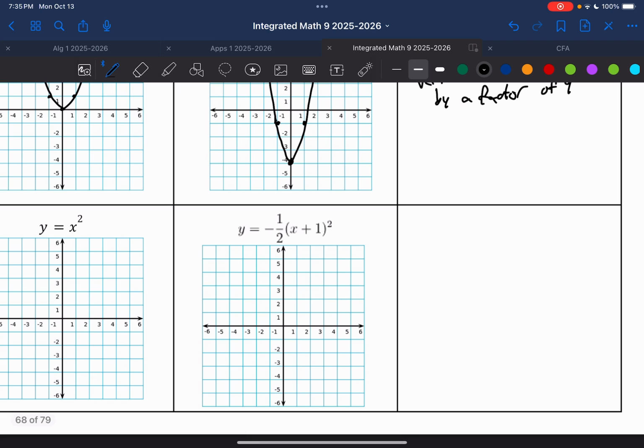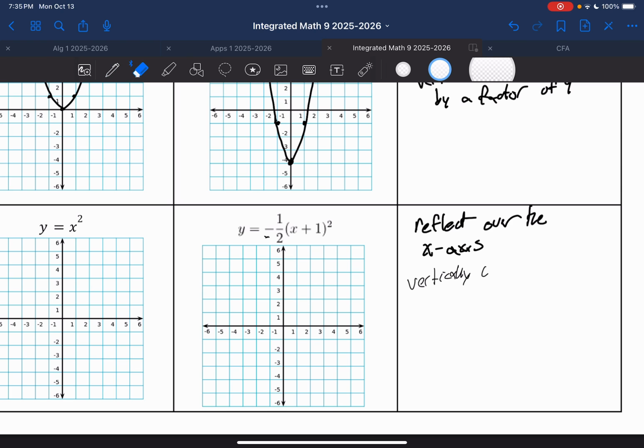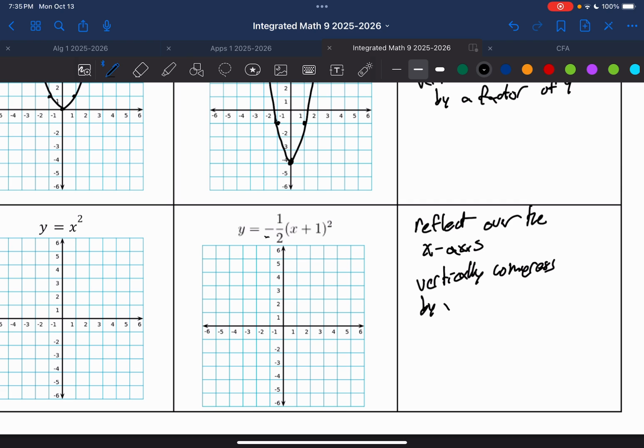All right, and then for this one, we have 3 different transformations going on. We're going to reflect over the x-axis. That comes from this negative number out in front. We're going to vertically compress by a scale factor of 1/2.